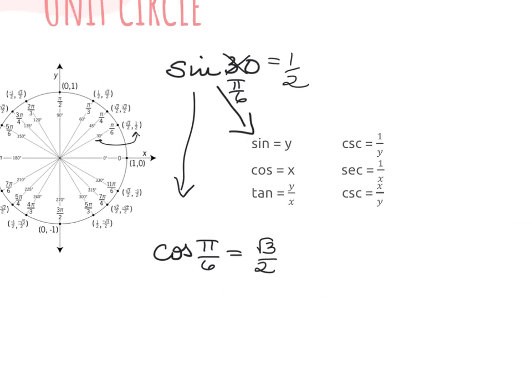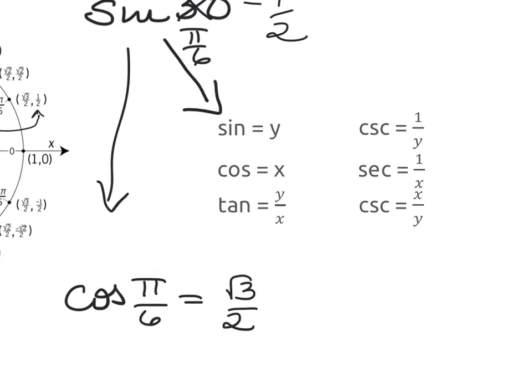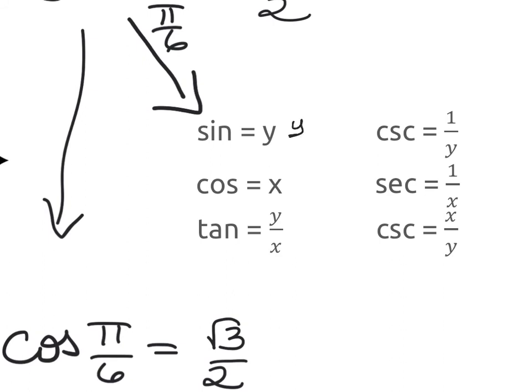So instead of memorizing sine to be y over r, you can now just memorize that sine is y. And cosine, instead of x over r, just memorize it as x. Because all the r values for the unit circle equal 1. Same thing here.